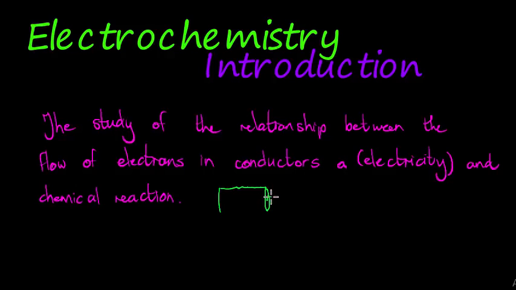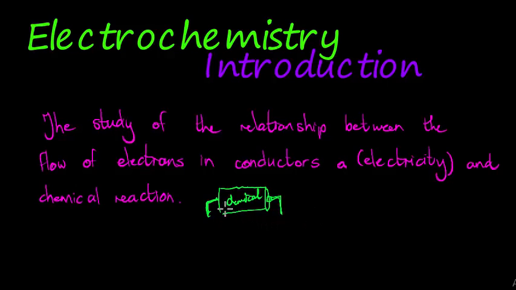If you take a battery that you get from the shop, when it is connected to a conductive material and the circuit is closed, then it will be causing a flow of electrons because there's a chemical reaction happening inside. Also, the flow of electrons can cause chemical reactions. It can have the opposite effect.